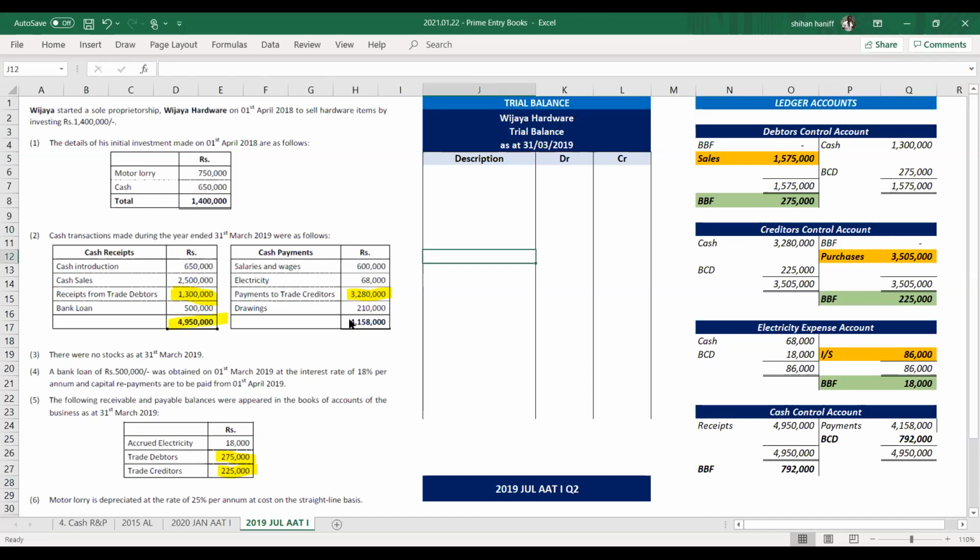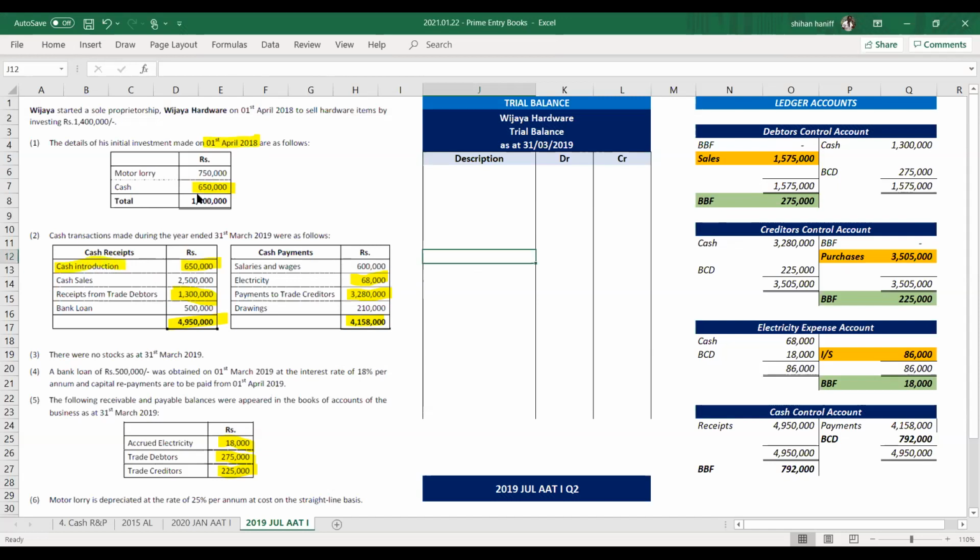So we took these balances. There's a question: no need to add balance brought forward cash? Balance brought forward cash only this 650. So again, you don't need to add. This is the initial 1st of April cash introduction.